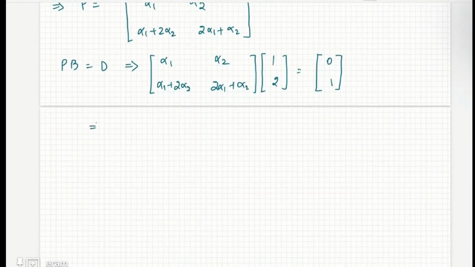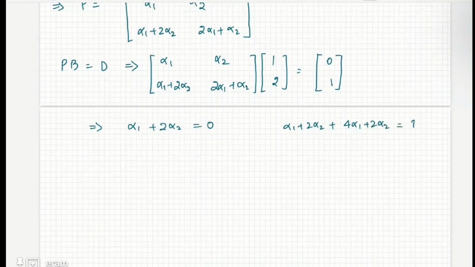So this will give us alpha 1 plus 2 alpha 2 as 0, and the second one will give us alpha 1 plus 2 alpha 2 plus 4 alpha 1 plus 2 alpha 2 equals 1. That means 5 alpha 1 plus 4 alpha 2 equals 1.